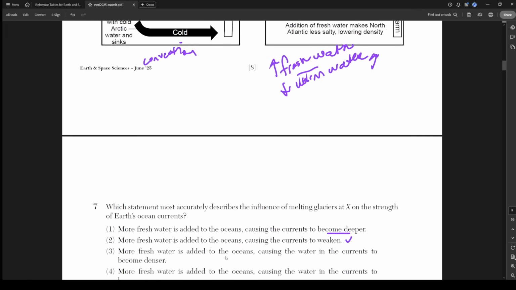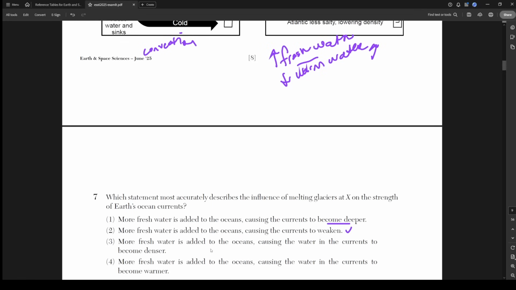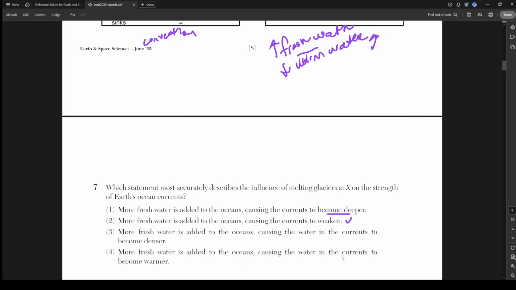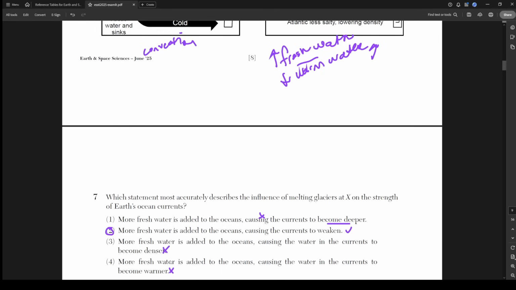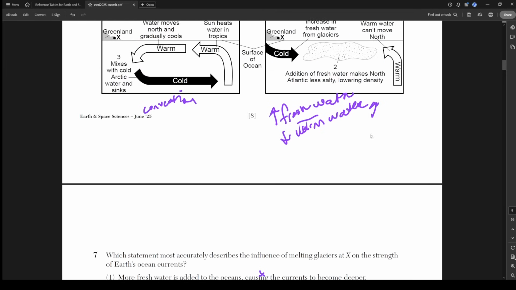More fresh water causing the currents to weaken. That's my current option. More fresh water to the ocean causing the water in the currents to become denser? No. Causing the water to become warmer? No. So the only one that could possibly work is this one, because the other three, there's nothing about depth. It says less dense, so that's out, and it says the warm water can't make it there.